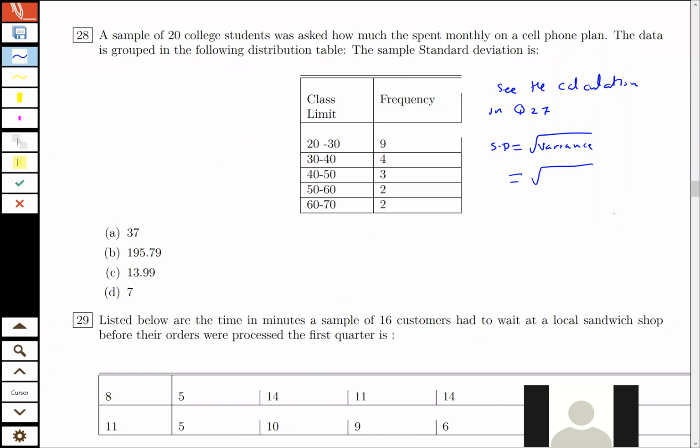So it will be the square root of 195.78947, which we calculated from the previous example, that is, the answer of the last question.